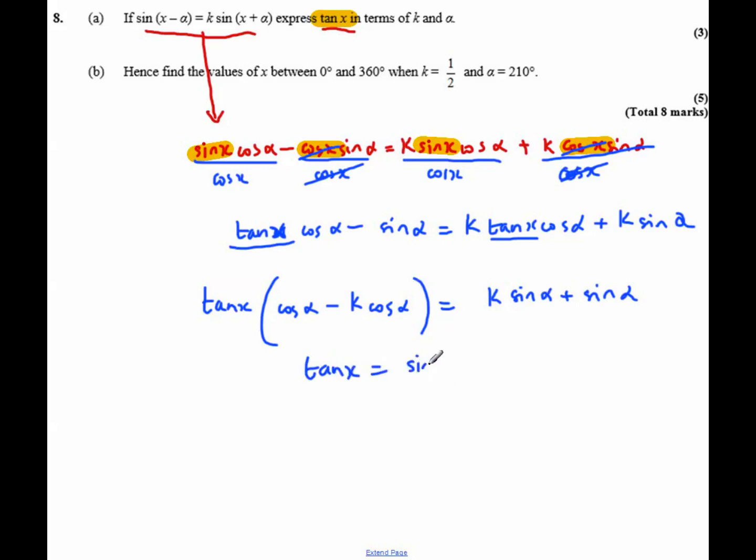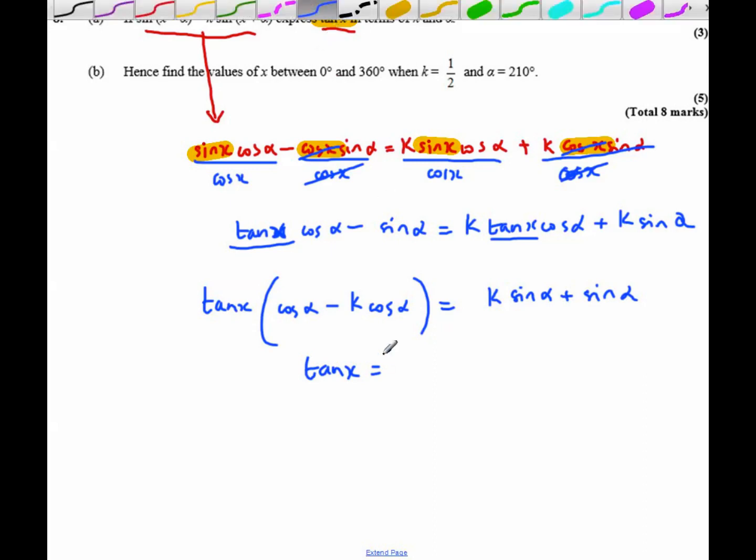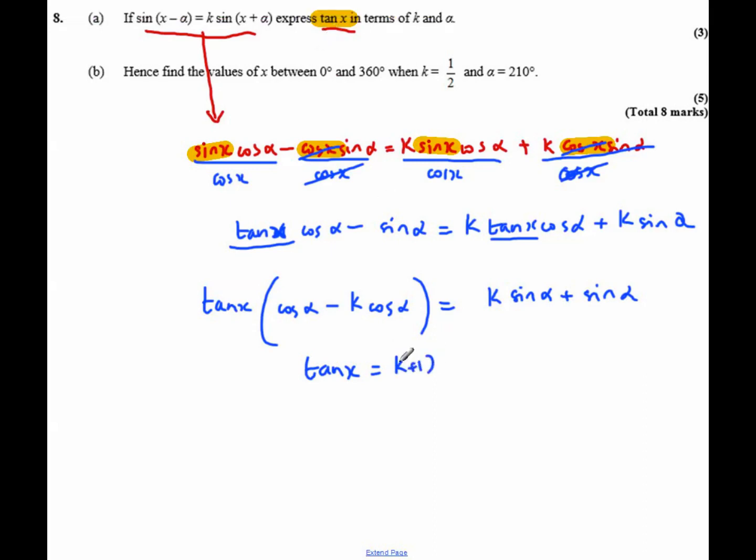I think it's quite nice at this stage to factorize out the k plus 1, and if we do that, we are going to write that as k plus 1 lots of sine alpha over 1 minus k lots of cos alpha. Hence find the values of x between 0 and 360 when k is a half and alpha is equal to 210.